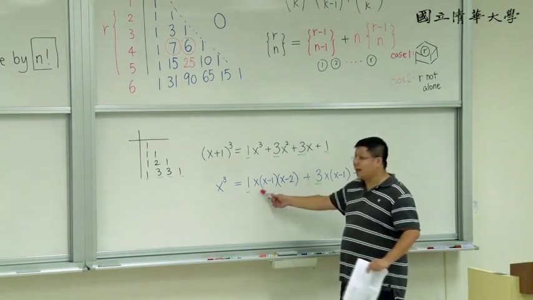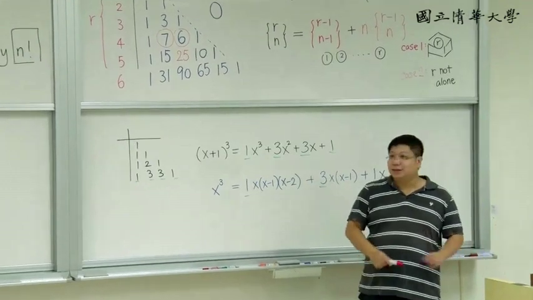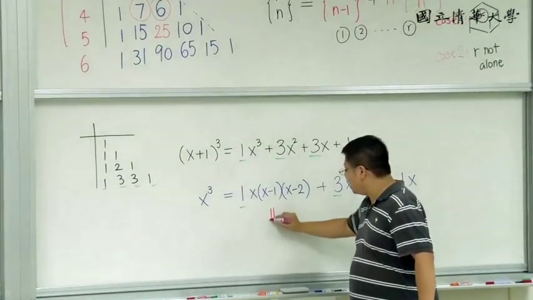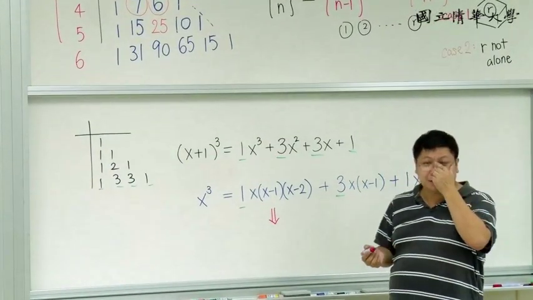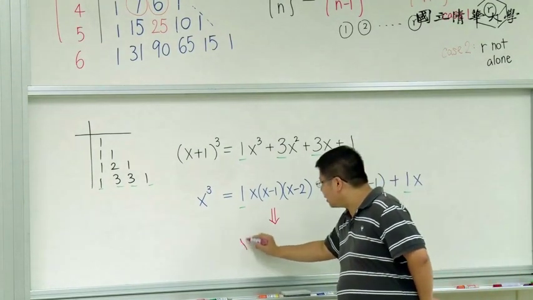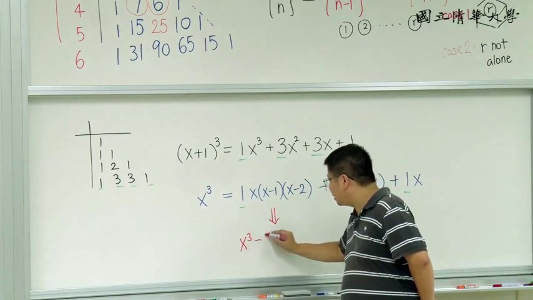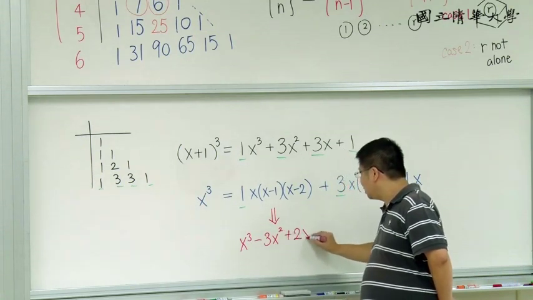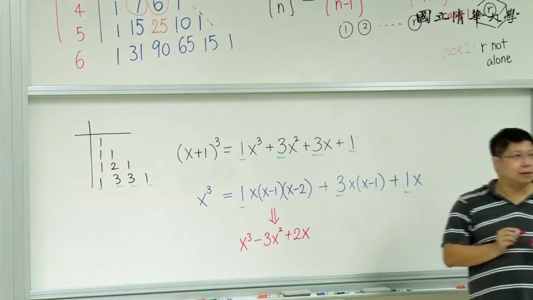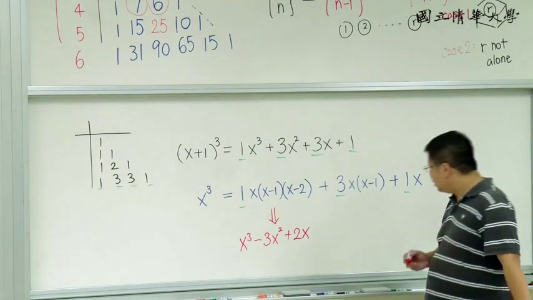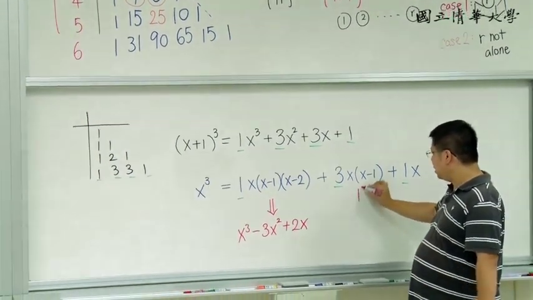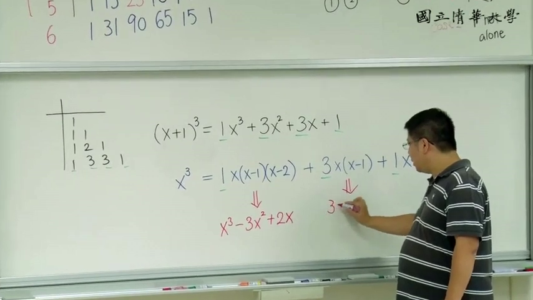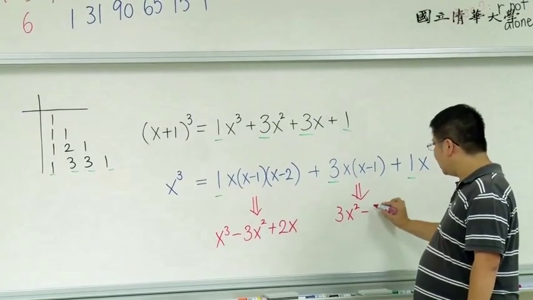So what is x times (x minus 1) times (x minus 2)? It is x cubed minus 3x squared plus 2x. Is that okay? Good. How about this one? It's going to be 3x squared minus 3x.